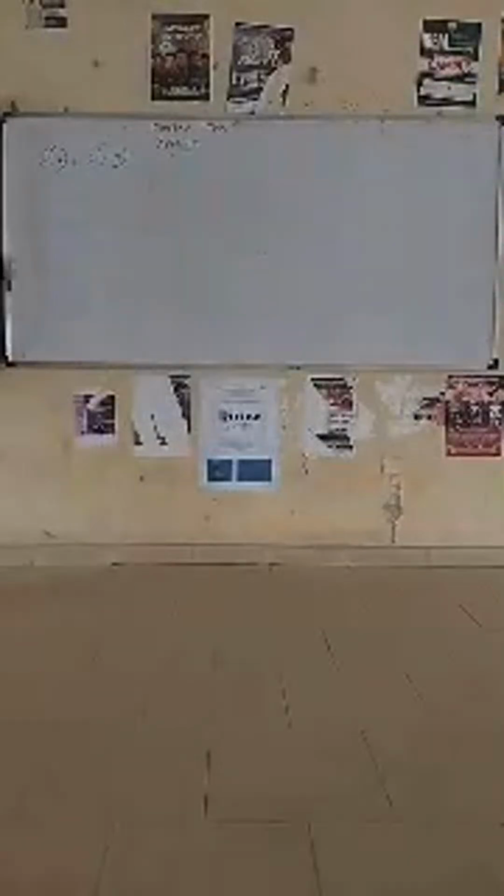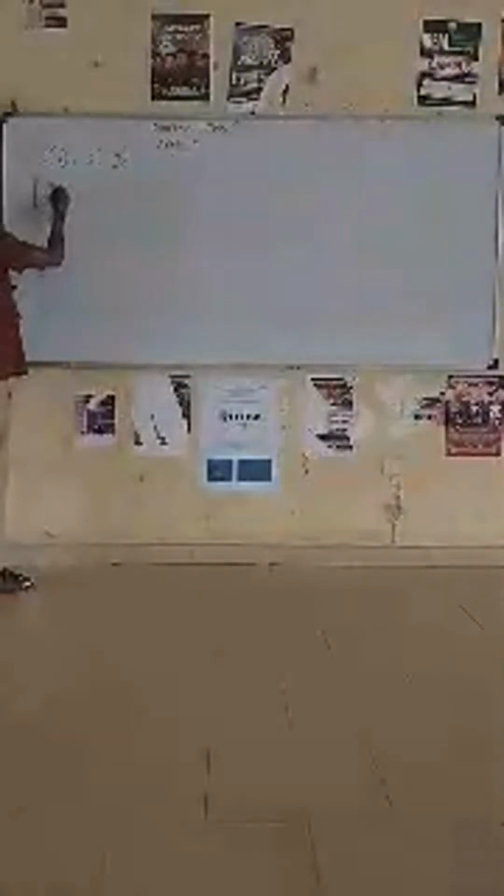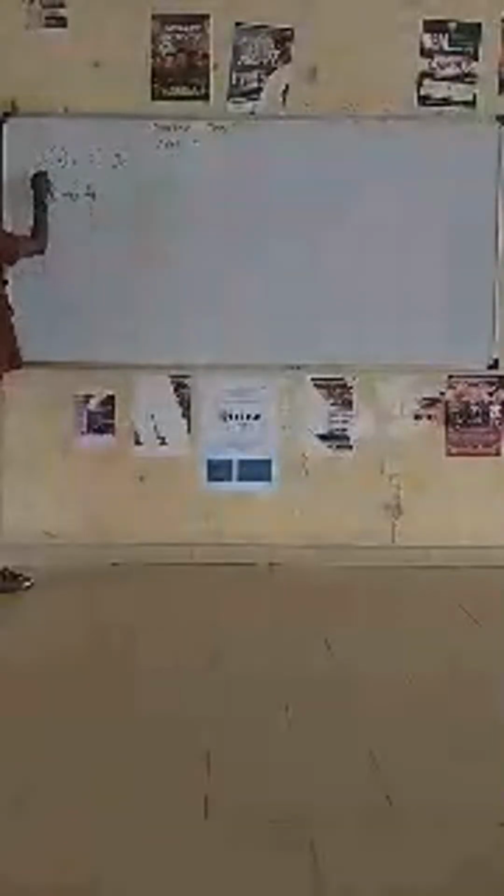The random variable y has a PDF of f of y equals this, for 0 less than or equal to y less than or equal to 1, and 0 elsewhere. Now, what does that mean? It means the integral of f of y, which is 2 into 1 minus y, from 0 to 1.